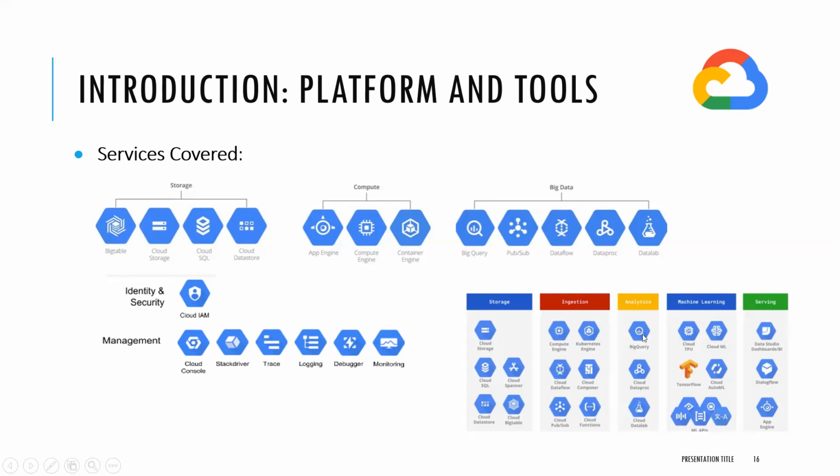For analytics, you have BigQuery, which you can use to host a huge amount of data, and also for processing data when you are transforming data. And Cloud Dataproc, as mentioned, is the Hadoop flavor of Google Cloud Platform.